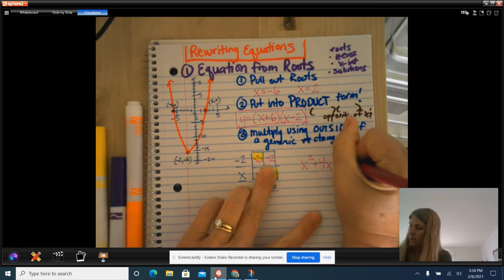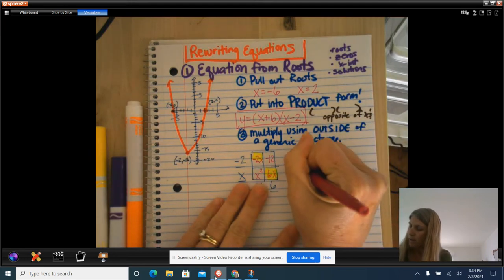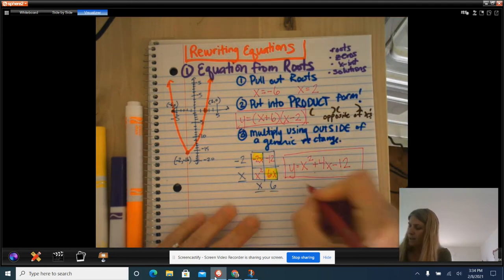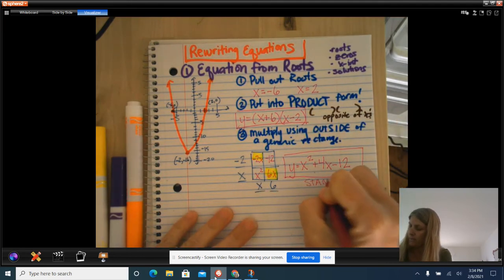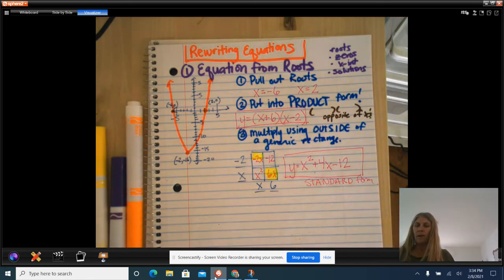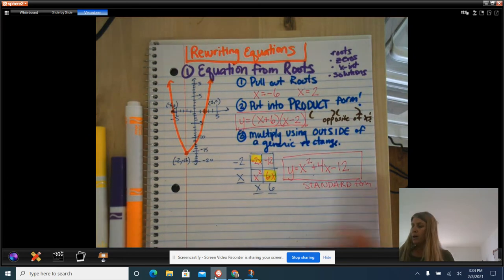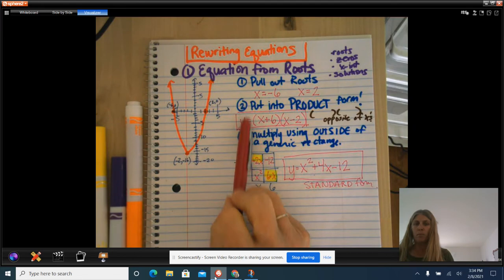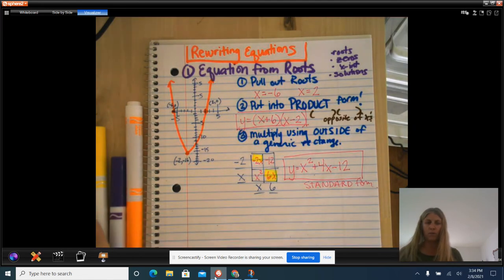And then we finish with our constant, minus 12. And that, ladies and gentlemen, is now in standard form. So that is how, if we have the roots, we can change it into standard form by first putting it into product form and using the outside of a generic rectangle.